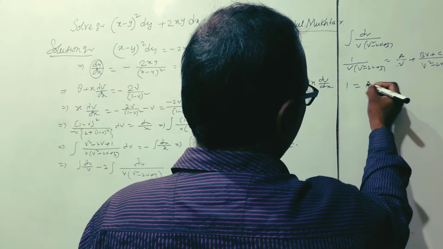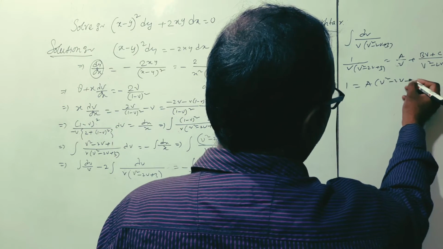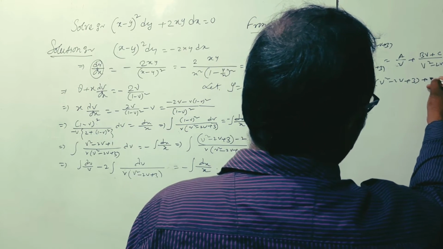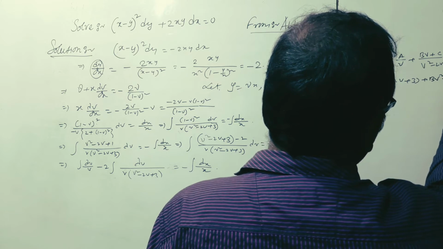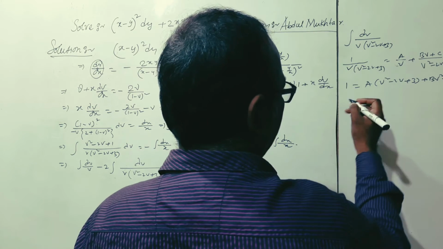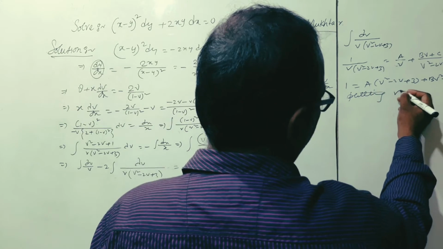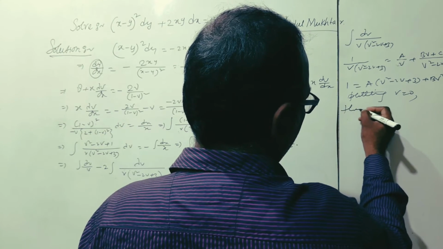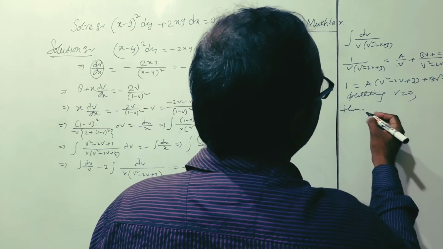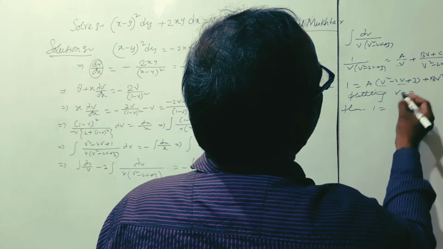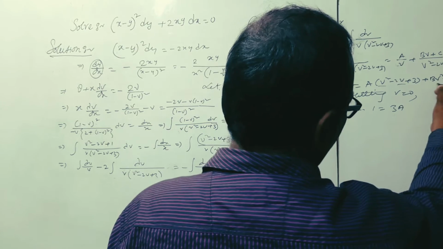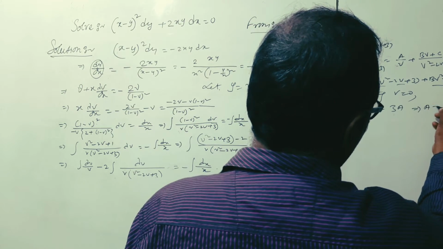So 1 is equal to a into v square minus 2v plus 3 plus bv square plus cv. Putting v equal to 0, then 1 is equal to 3a, then a equals 1/3.